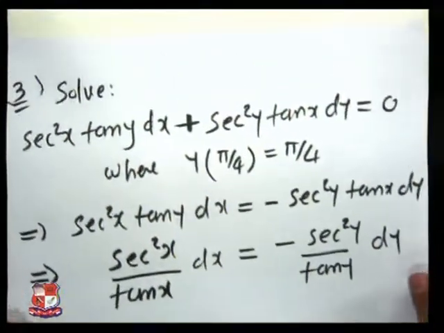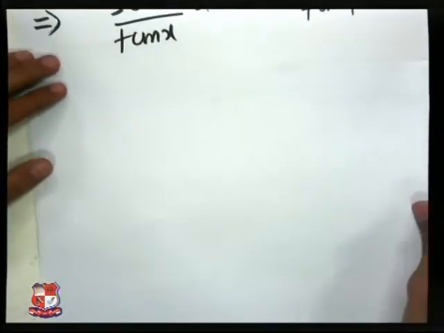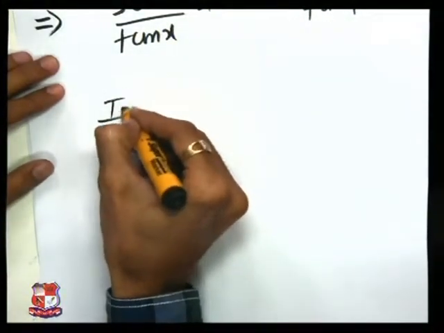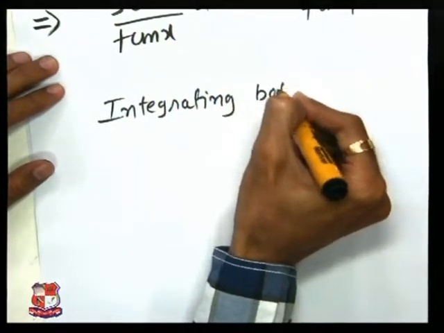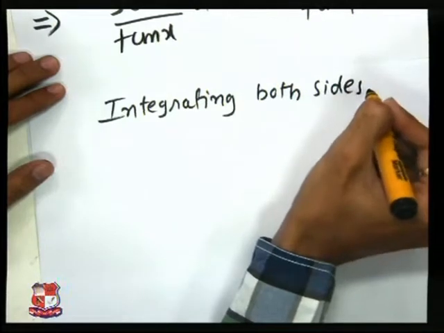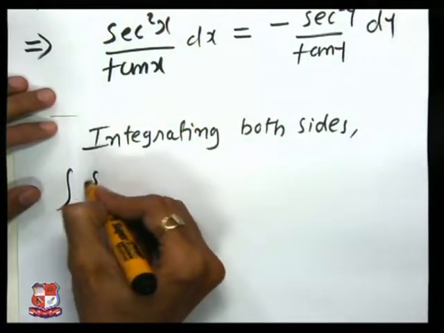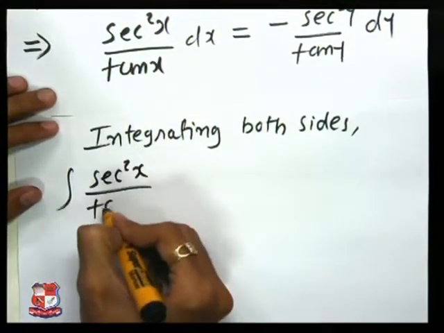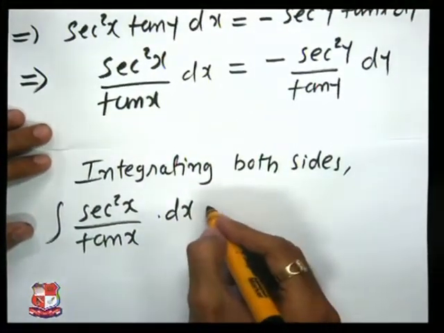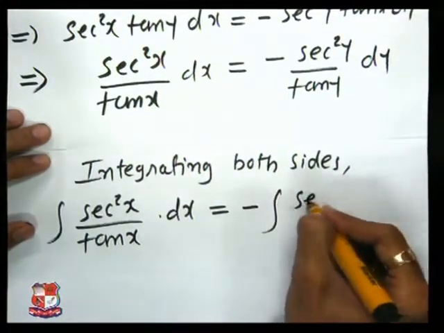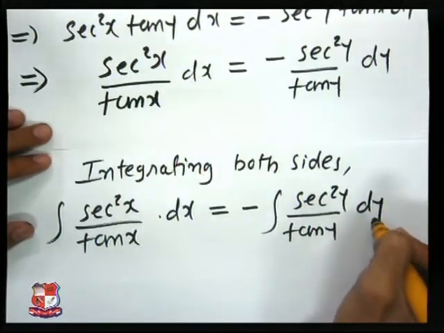By integrating both sides, we will get the integral of sec square x upon tan x dx equal to minus the integral of sec square y upon tan y dy.